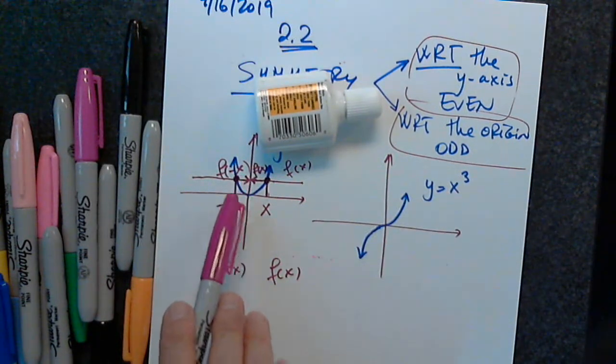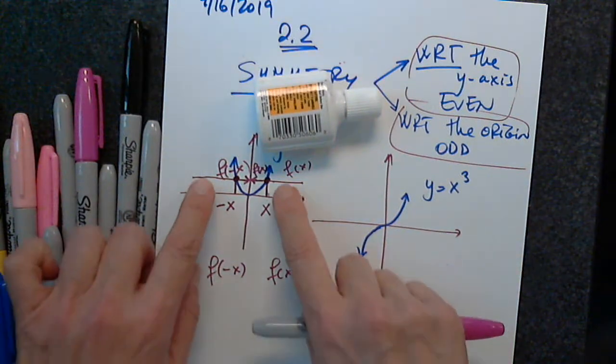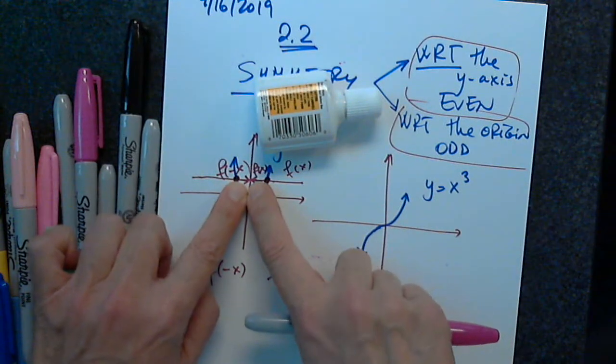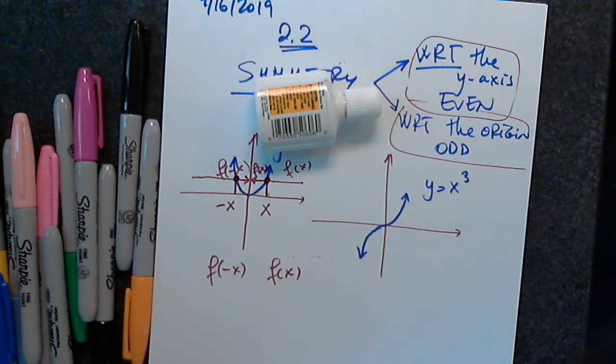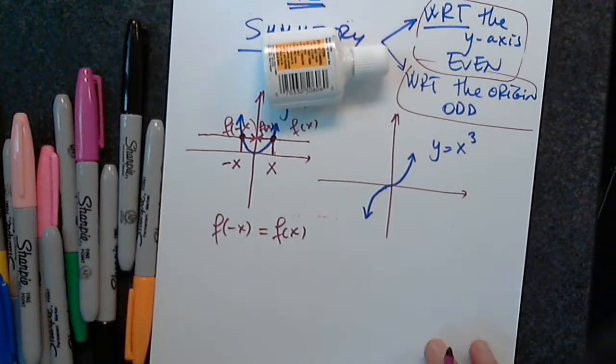The other one has negative x, f of negative x. And now I'm asking you about the relationship between f of negative x and f of x. Indeed, absolutely. So a function is even if f of negative x does not change f of x in any way, shape, or form.